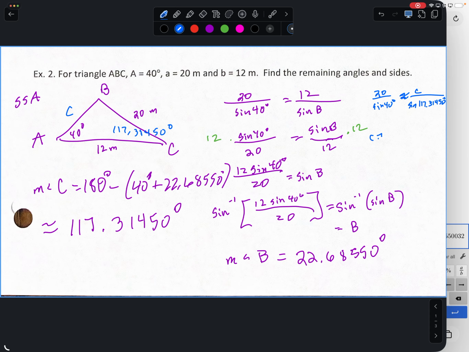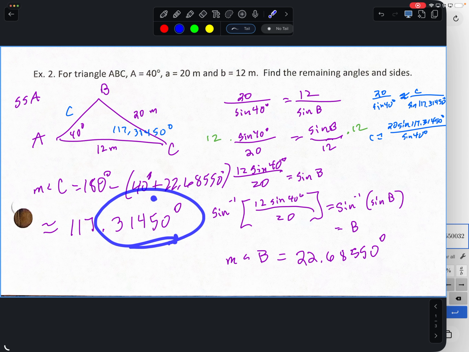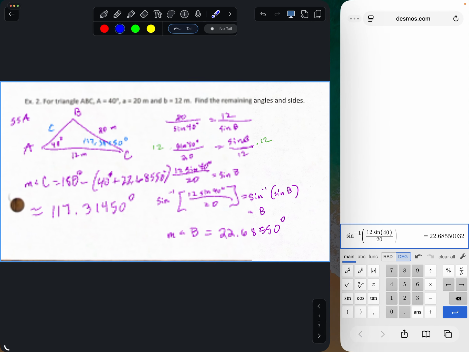And c becomes 20 times that sine over the sine of 40 degrees. You need these extra decimal places. If you only use 3, you very likely will not be correct to 3 in your final answer. And so now it's a matter of putting that in and calculating it.